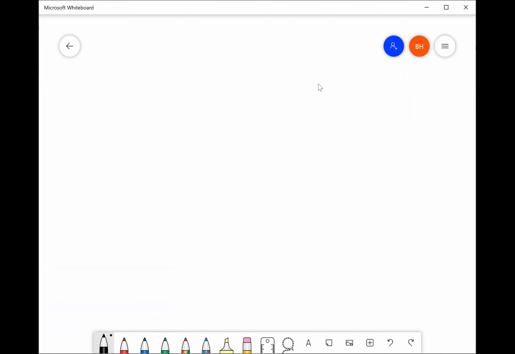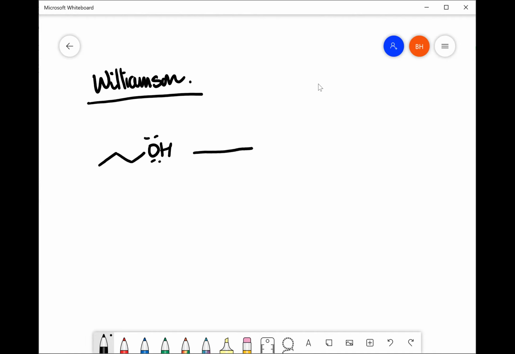Okay, so Williamson synthesis. This basically uses sodium hydride, NaH.